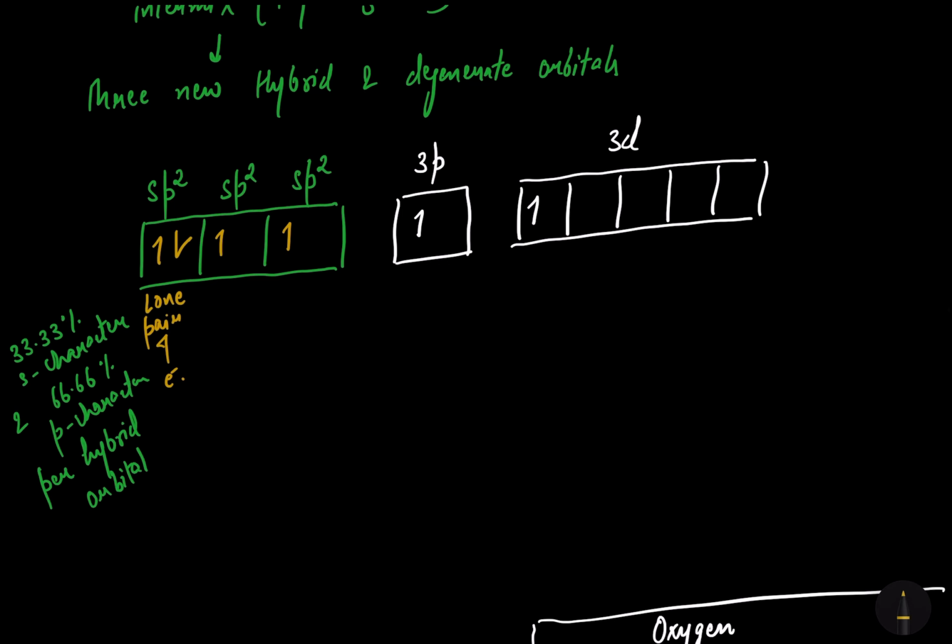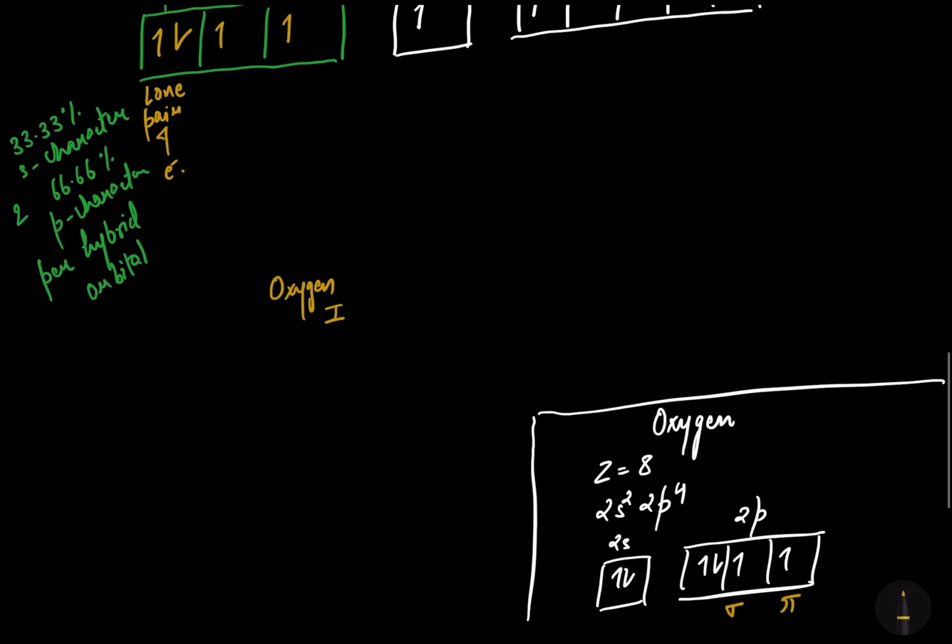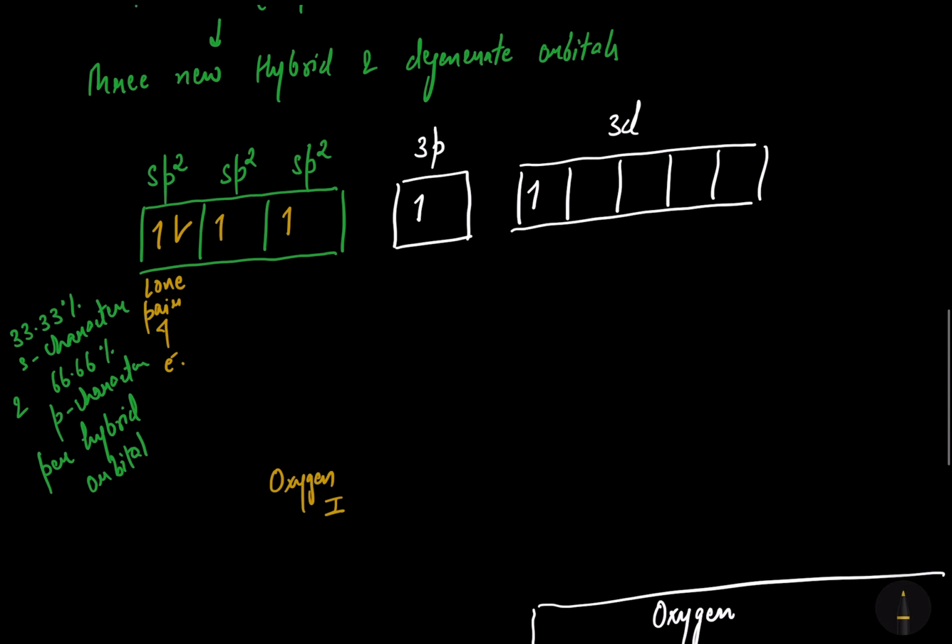I'm taking the first oxygen, oxygen number 1. I'm making its valence electronic configuration of the 2p orbital only. That's 2p. Now 2p is having 4 electrons, the 1, the 2, the 3 and the 4.